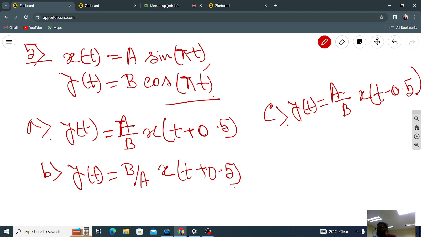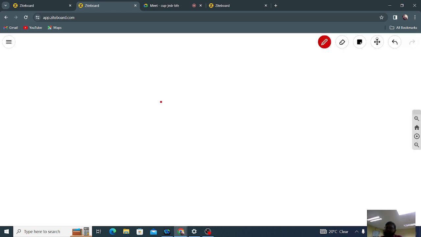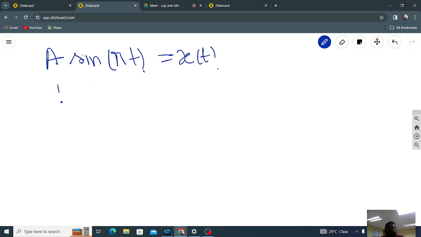Okay, just let's solve the question. It is a of sin pi t, that is x of t, and b of cos pi t is y of t.